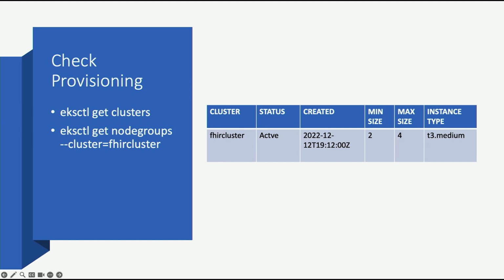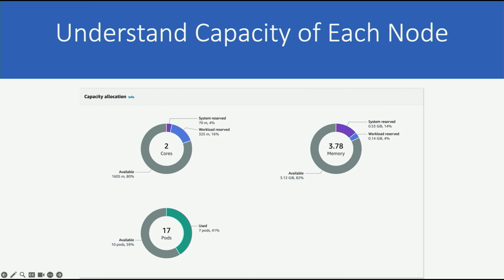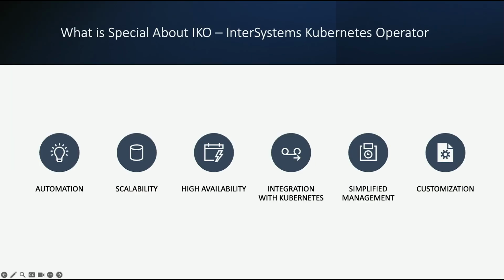You could check provisioning of your cluster. We're not going to go into that. Again, here's a way we can describe the different pods. AWS offers the opportunity to understand exactly the compute characteristics, the memory, and the pods that are running in your cluster.